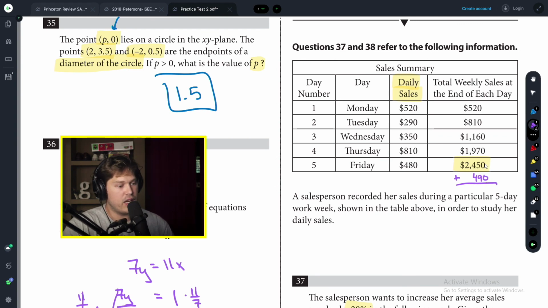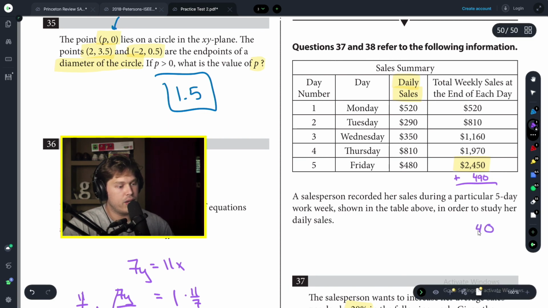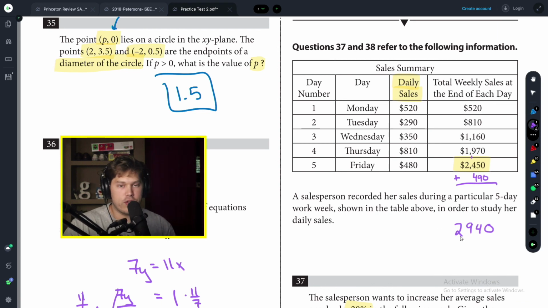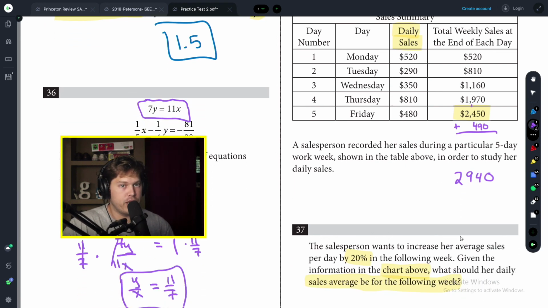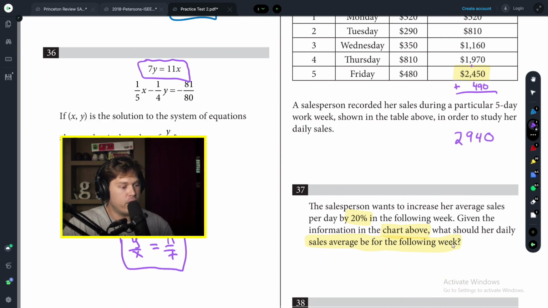And you can sum these, and whenever you sum them, what do you get? You get 0, 14, carry the 1, 9, 2. So she wants her next week's total sales to be $2,940. But what does the question ask for? It says, given the information, what should her daily average sales be?